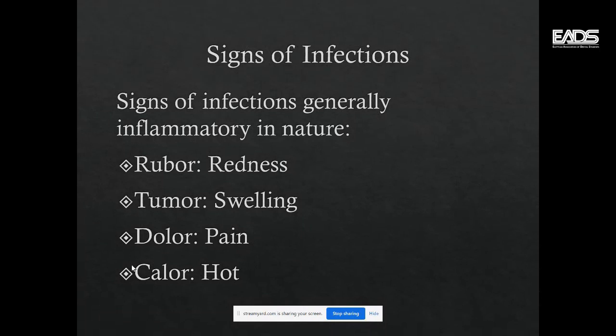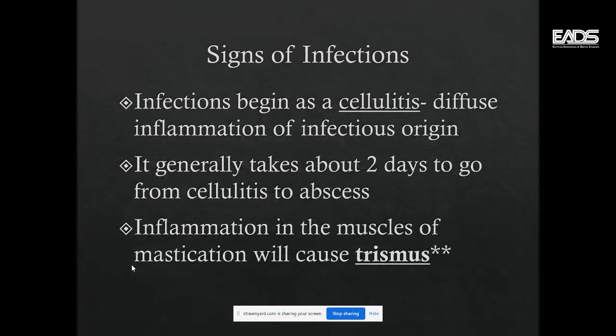As for what we know, infection and inflammation usually follow, and we have these signs that we usually see. We have the redness, the swelling, the pain, and the heat. And the fifth one is the loss of function, which is not mentioned here. Those are the five critical signs of inflammation.